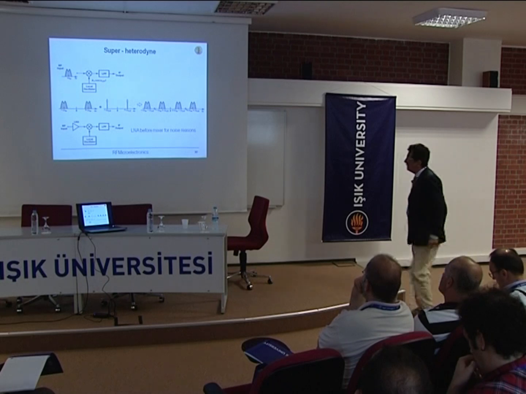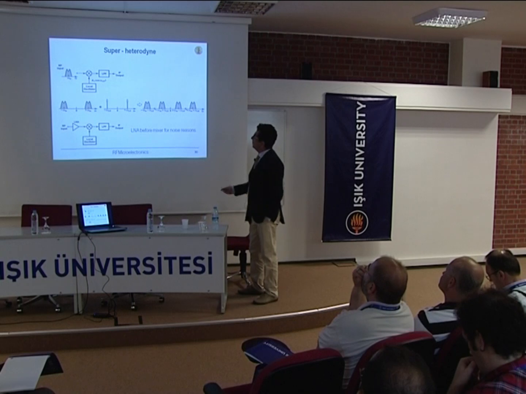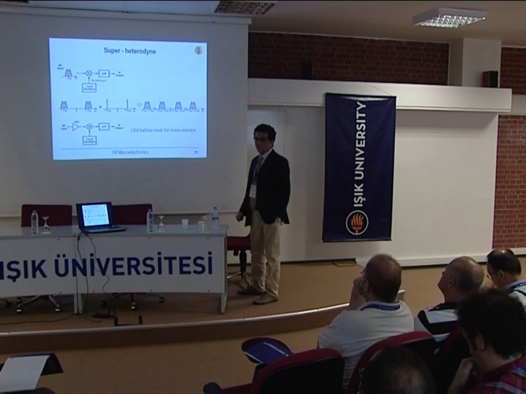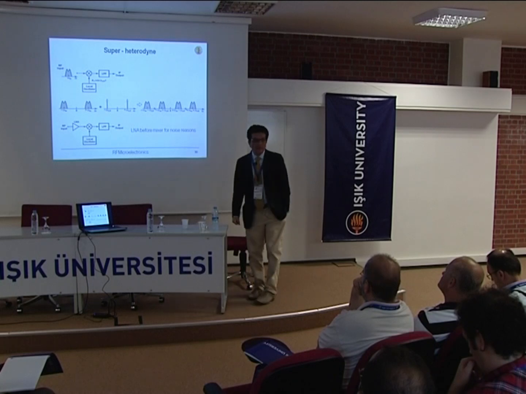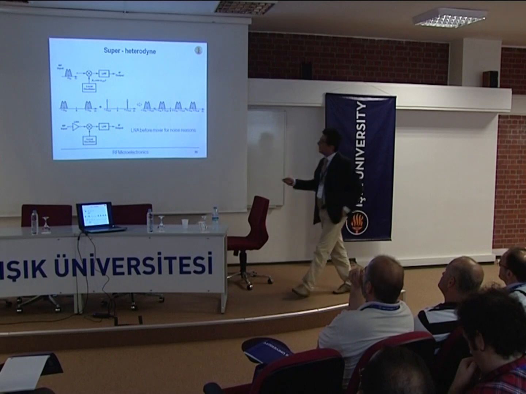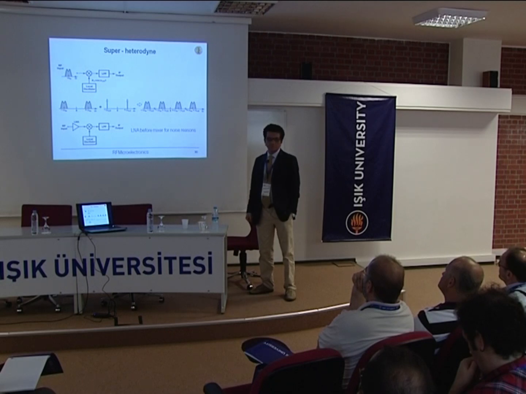So we are building our receiver from the needed functions, which are conversion to a lower frequency, done in this way, where hopefully we will be able to make this channel selection that we could not do at RF. Why should we be able to make channel selection at a new lower frequency while we were not able at RF?